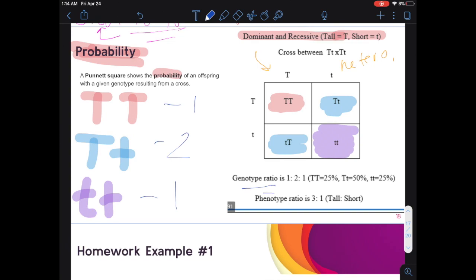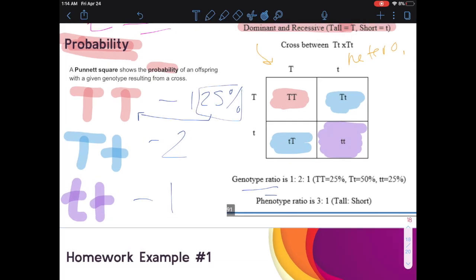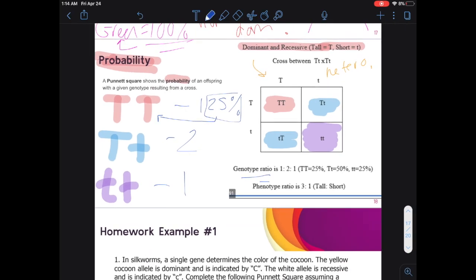Well, again, each box is worth 25%. 25% chance that this offspring will have the genotype big T, little t, and 25% chance that their offspring will be homozygous dominant. 2 boxes had big T, little t. 50% chance that their child will be heterozygous and have a big T, little t. 1 small t, again, that would be 25% chance that their child is homozygous recessive.